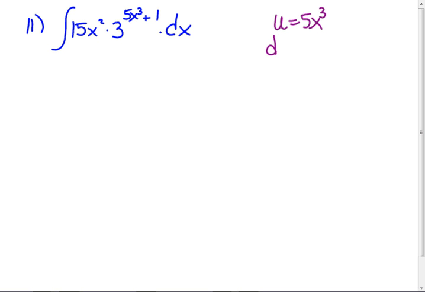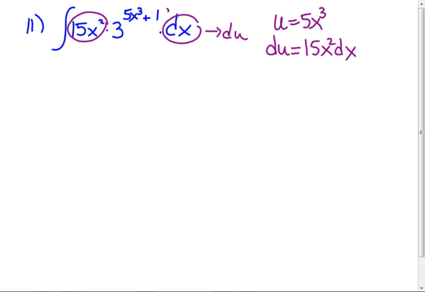So du equals what? 15x squared dx. So let's try that. I have a 15x squared dx. That would give me my du, and this is going to give me my u.